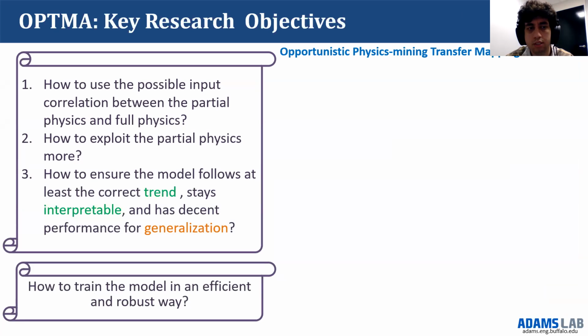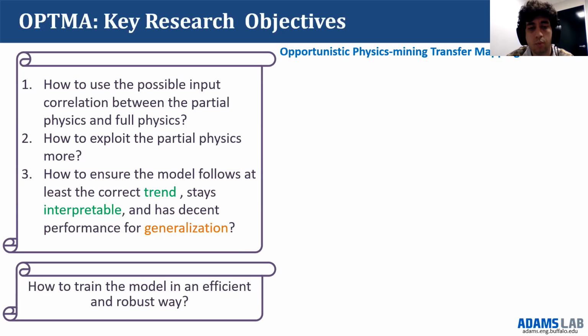So we were looking at what the source of this error is. And what we want to do is something where the trend is at least followed by the total architecture. We have the data-driven and the physics together, and it makes, to an extent, interpretable predictions, and it has good performance.